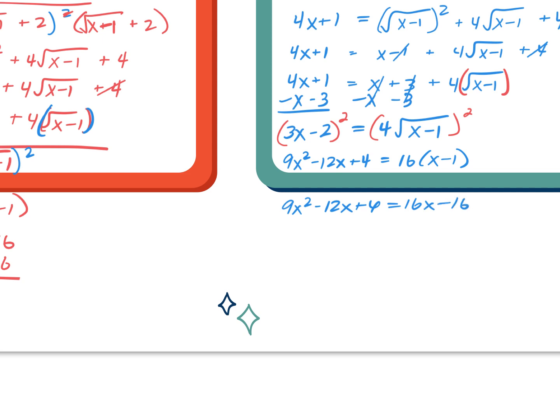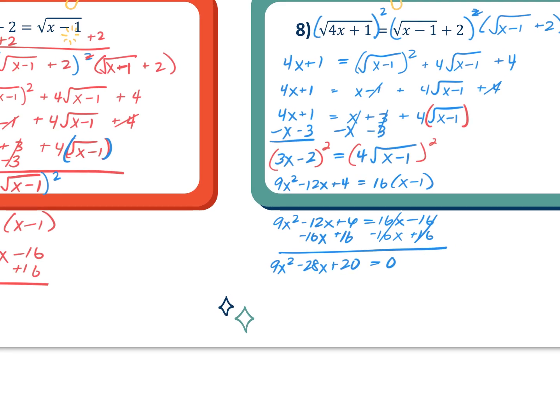And so again, it's a quadratic. I have to set it equal to 0. So I'm going to subtract 16x and add 16 to both sides. So minus 16x plus 16. This side's going to equal 0, and this side's going to equal 9x squared minus 28x plus 20.